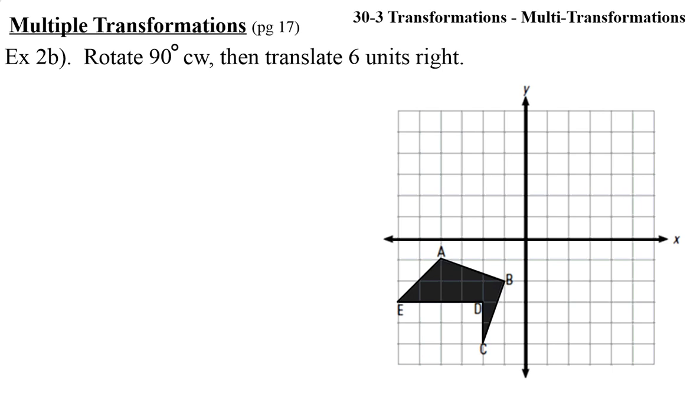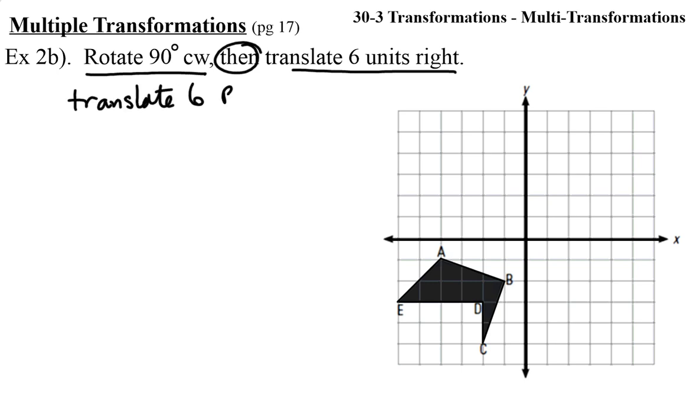So, now, question 2B. I don't know who noticed, but it's almost the exact same question, but we rotated 90, then translated 6. Well, this question B is to translate 6 to the right and then a 90-degree clockwise. Well, same two transformations, but a different order.